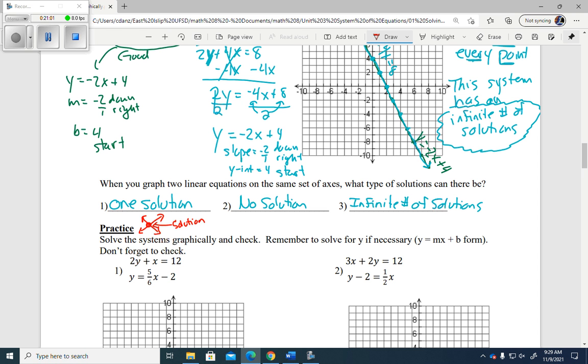If there's no solution, then I'm going to have parallel lines. They never meet, therefore there's no solution. If there's an infinite number of solutions, I'm going to have one line land on top of another line. Now I can pick two colors to try and draw two lines, one on top of the other. You just need to remember that these lines are on top of each other in your notes.